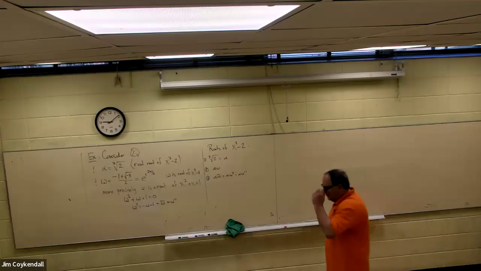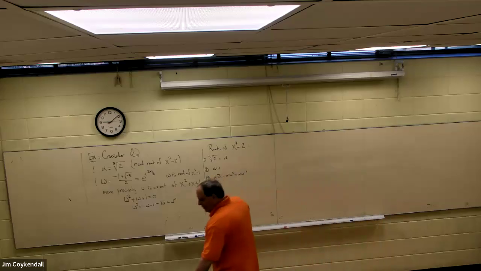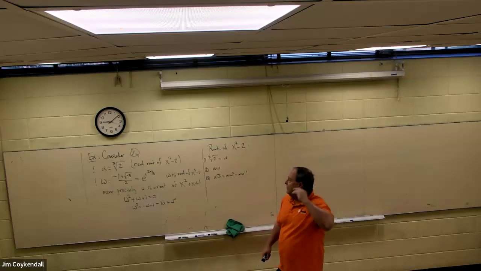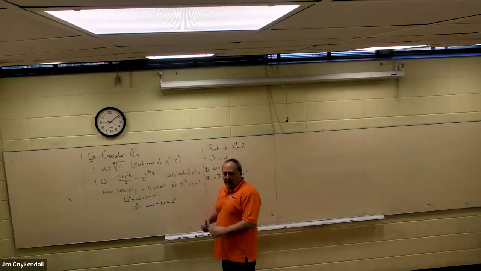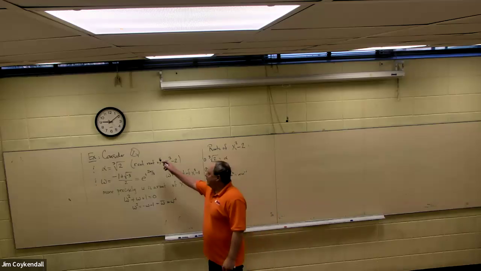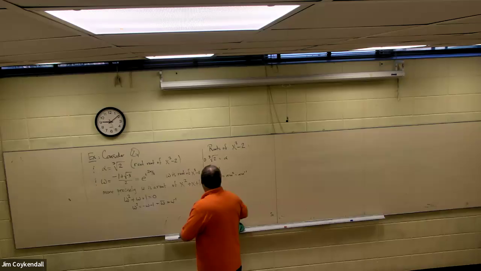Okay. Now, we're going to talk about this later, this is called the splitting field of this polynomial. I'm going to build this field. This is the smallest field containing Q and all the roots of this polynomial.